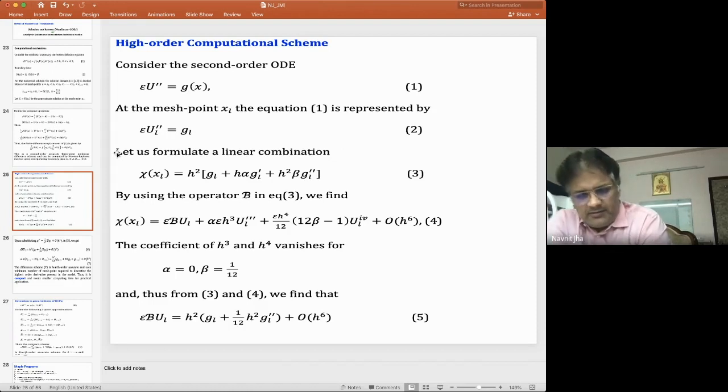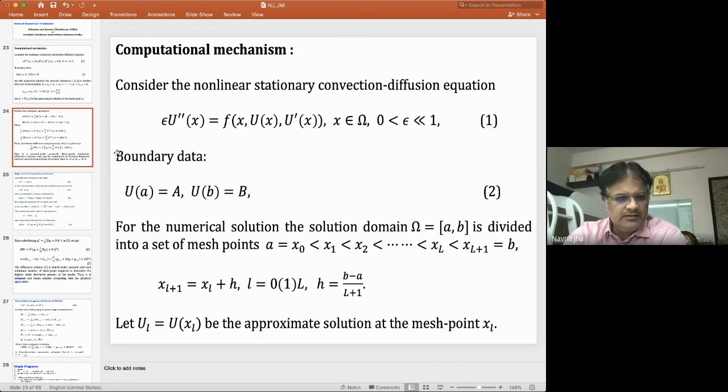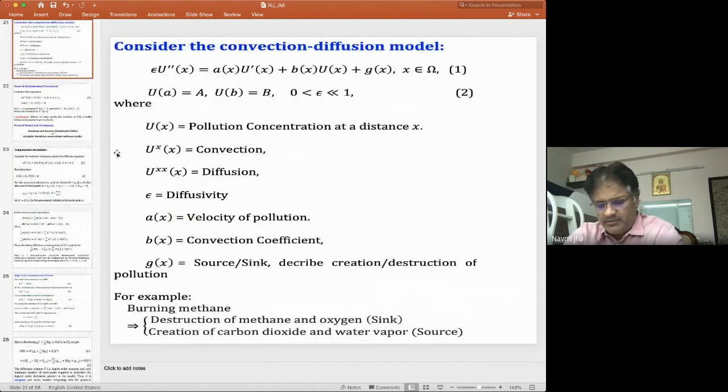Coming back to the convection diffusion equation, last time I discussed the approximation of derivative by several mechanisms based on polynomial basis, exponential basis, and trigonometric basis.